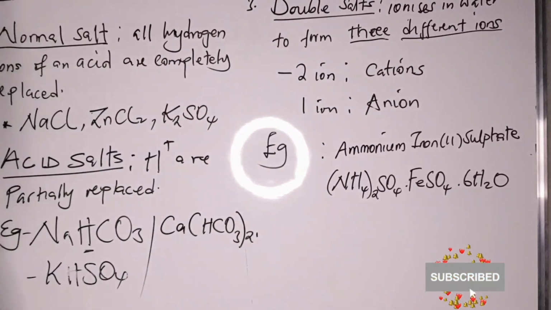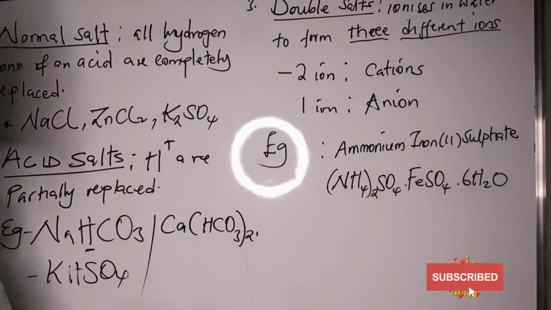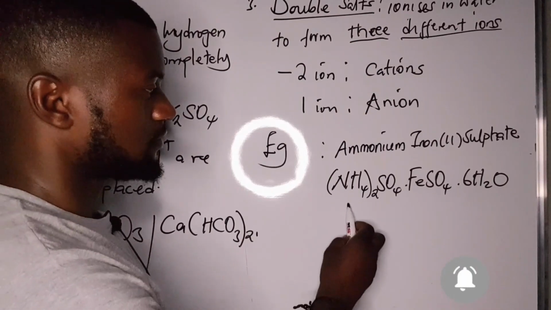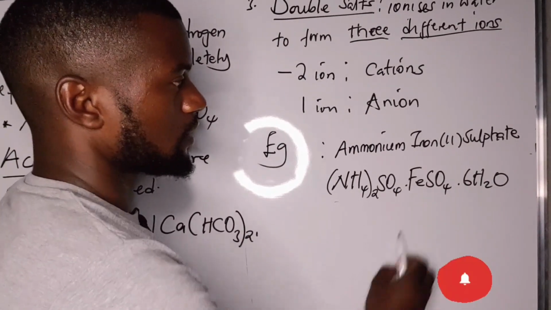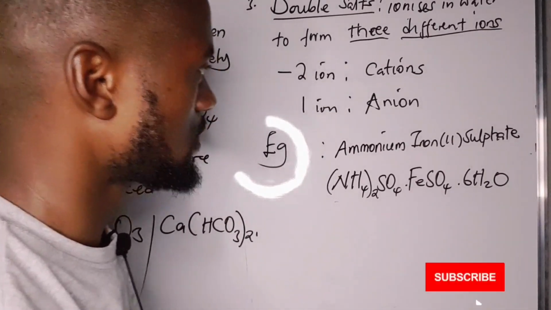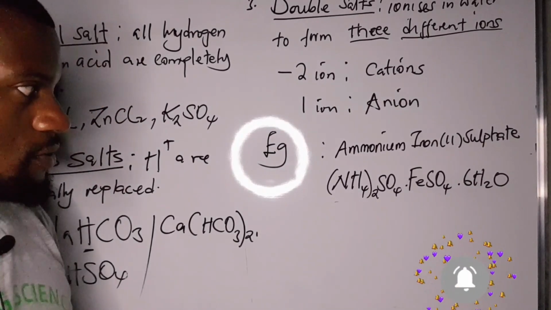In ammonium iron 2 sulfate, we have the cations, which are the ammonium ions and the iron ions. Then we also have the sulfate ions, which are the negatively charged ions.